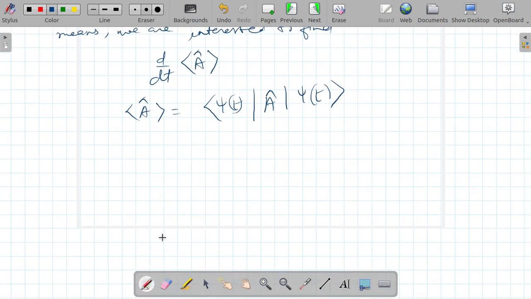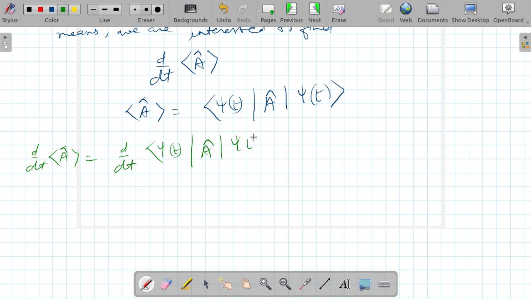If I try to calculate its derivative, then it will become d upon dt, right? So let me call it equation number 1, and let me try to find out its derivative.